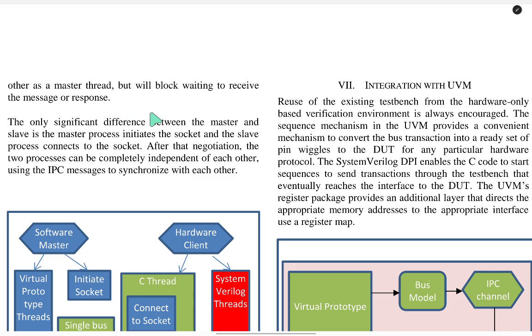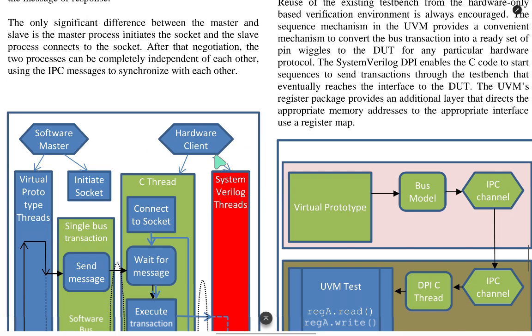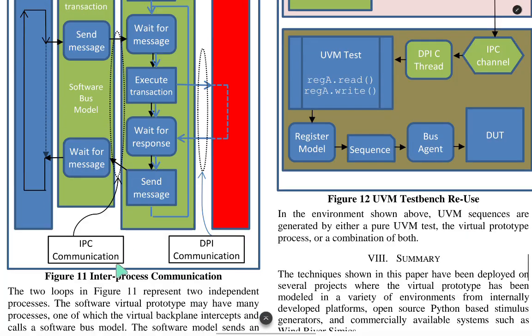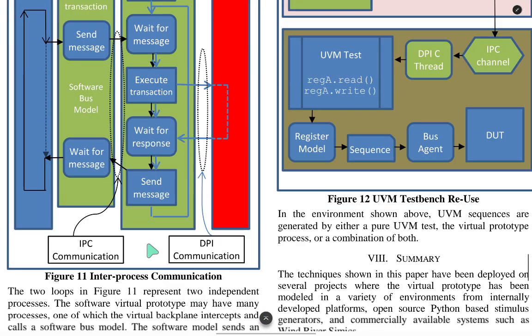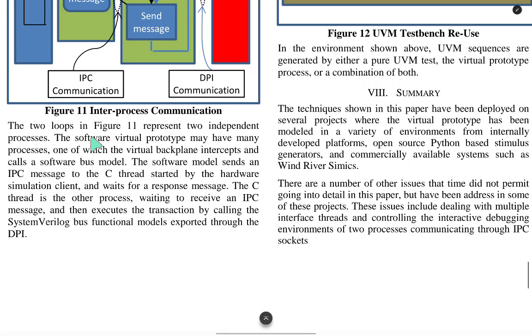After the negotiation, the two processes can be completely independent of each other, using the IPC messages to synchronize with each other. Figure 11, inter-process communication. The two loops in figure 11 represent two independent processes.